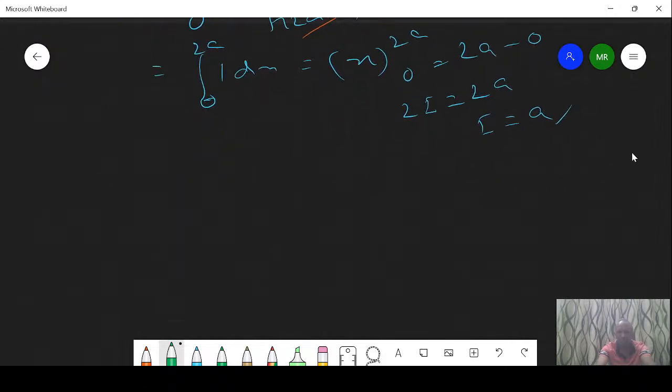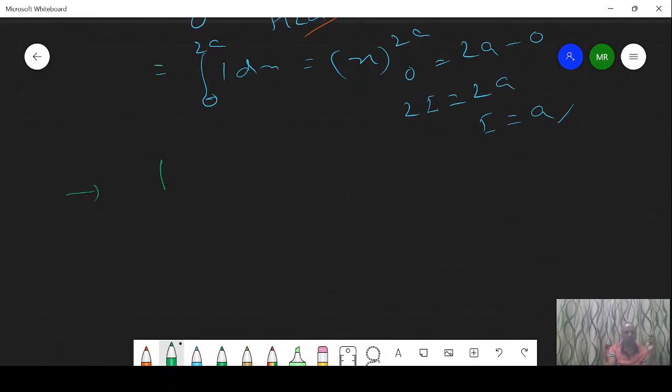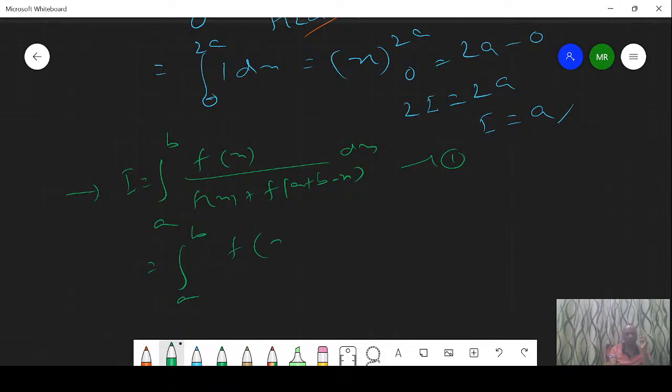So what I am saying here, similarly you can think about, for example, the given problem is a to b, f of x by f of x plus f of a plus b minus x dx. Then you consider this is I is equal to, this is 1. Use the same concept, a to b. Replace x with a plus b minus x. This will become f of a plus b minus x by f of a plus b minus x plus f of x.